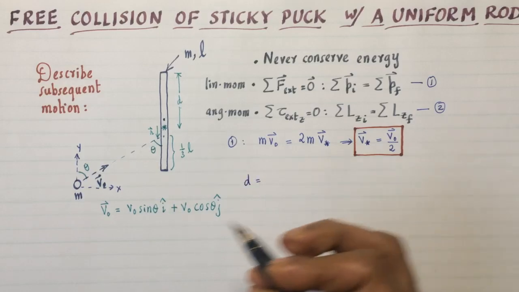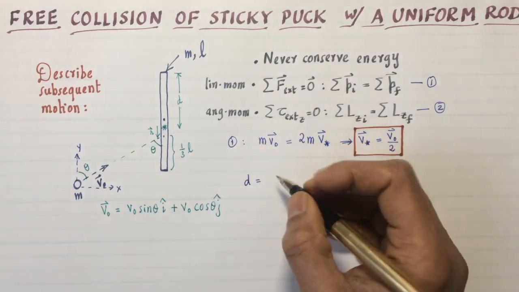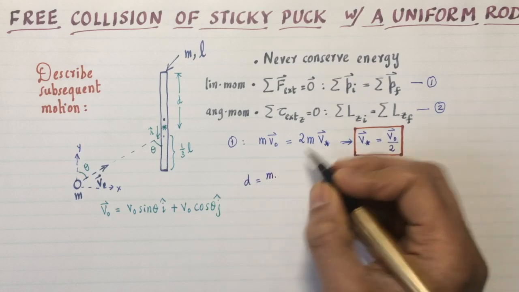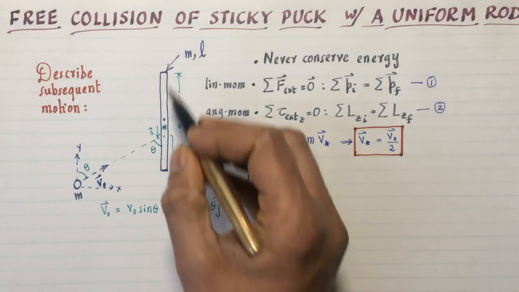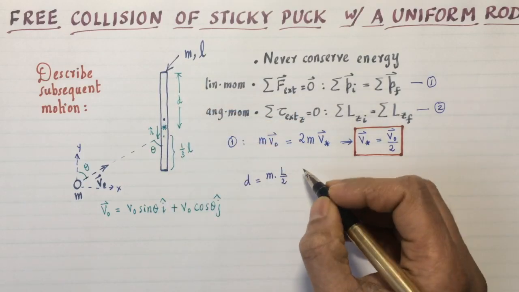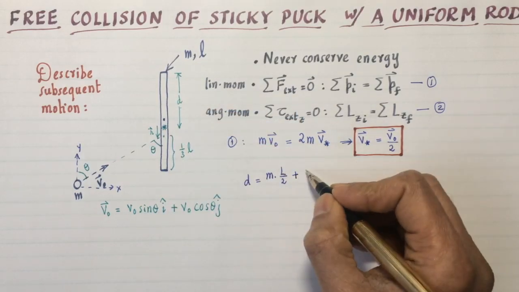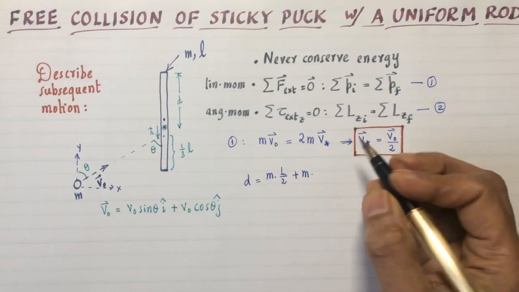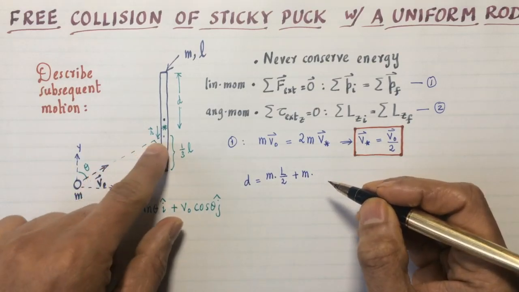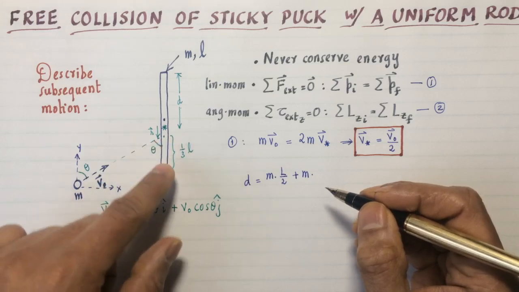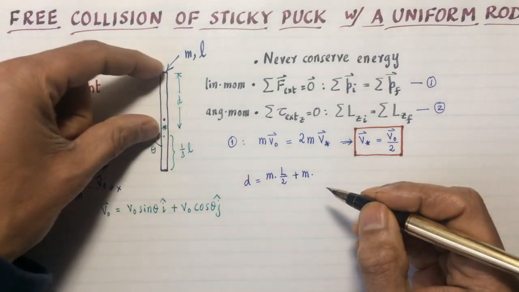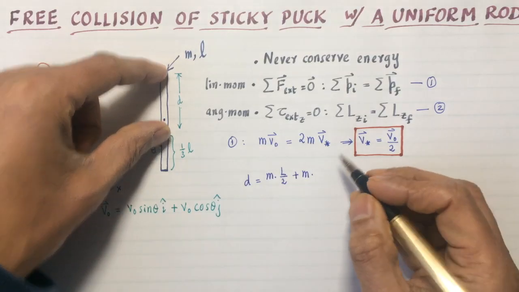The distance d is the mass of the rod times the location of the center of mass of the rod. The rod is very symmetric, so the center of mass is going to be exactly in the middle, plus the mass of the puck times the location of the center of mass of the puck. Well, the puck is a point particle, so its center of mass is going to be wherever it sticks. And since I said it sticks at 1/3 L, it means that it's 2/3 L from the top.